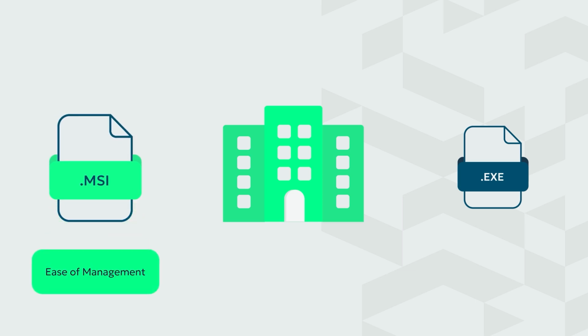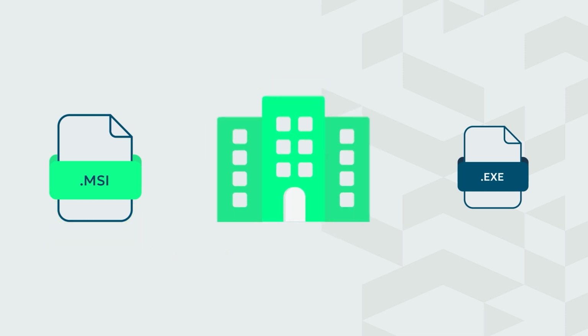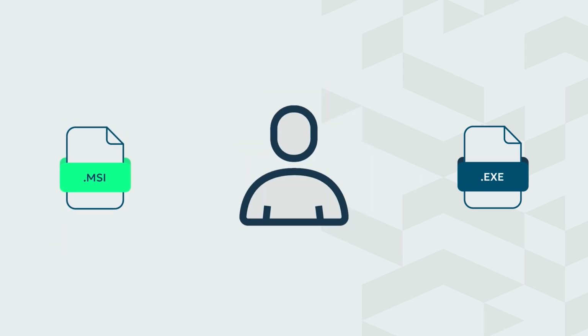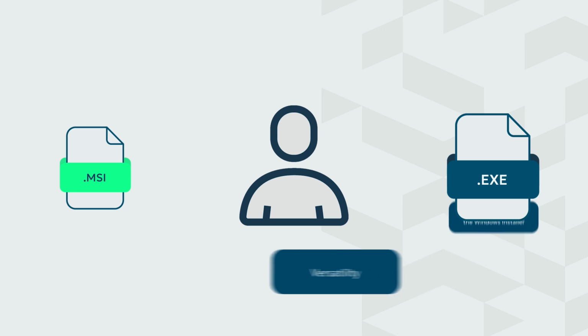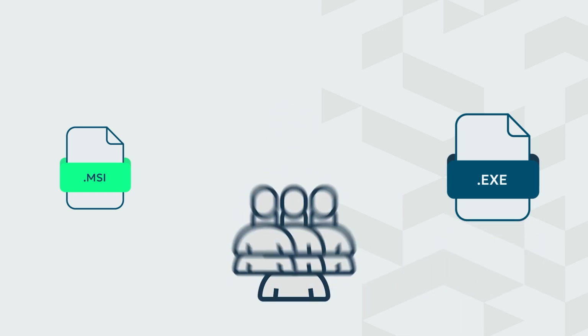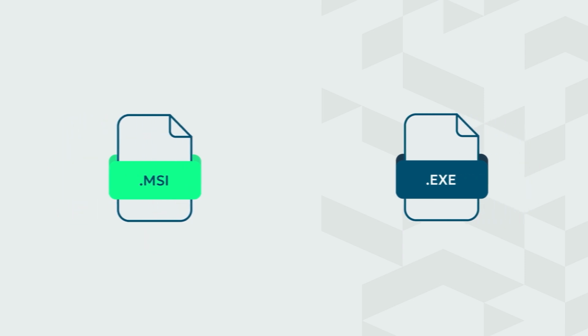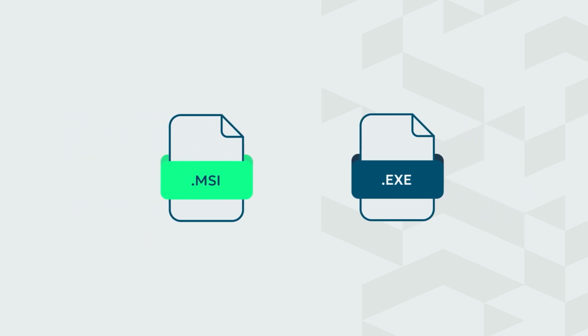They offer ease of management, customization options, and compatibility with the Windows operating system. For independent software distribution, EXE installers offer versatility and reduced dependence on the Windows Installer, making them suitable for software distribution to a wider audience. Understanding the key differences between MSI and EXE is helpful in choosing the most suitable format for your needs.